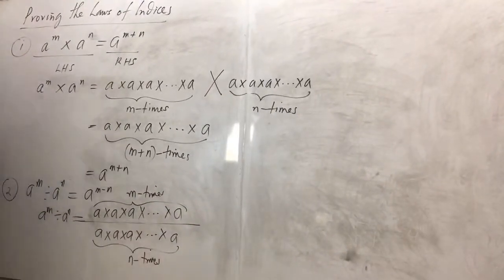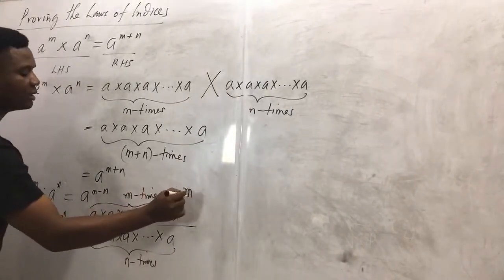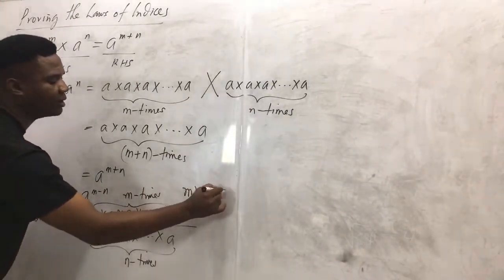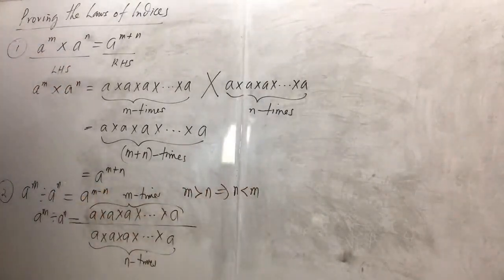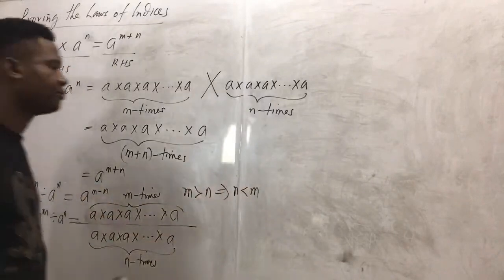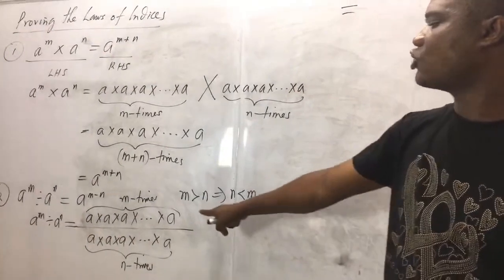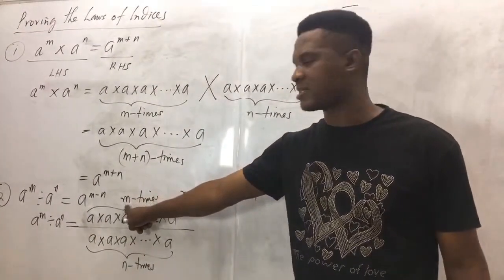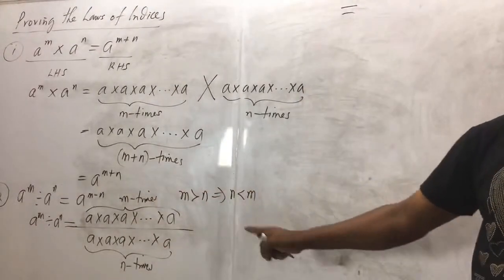Please take note, this law of subtraction works under the assumption that m is greater than n, invariably implying that n is less than m. We are assuming that the m a's are more than the n a's.